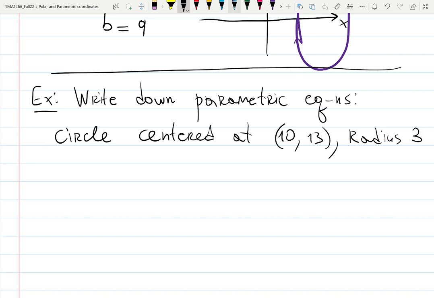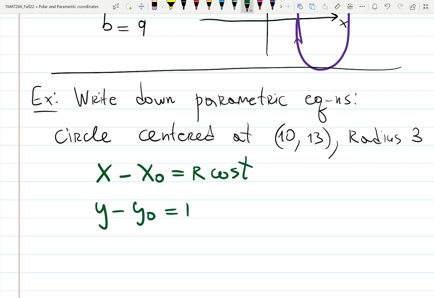The shape is always the same. Let me show you. It is a formula, but you can also just understand it. It's going to be x minus x sub 0 equals radius, let's call it r, cosine t, and then y minus y sub 0 equals r sine t.